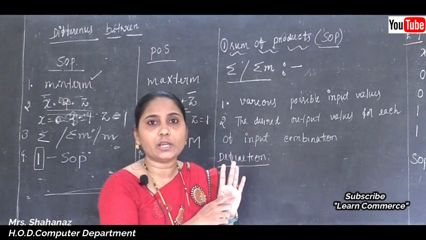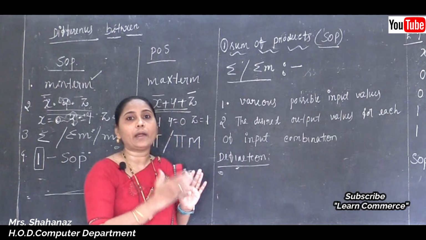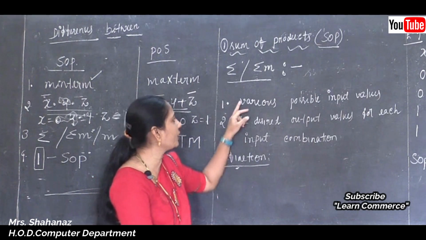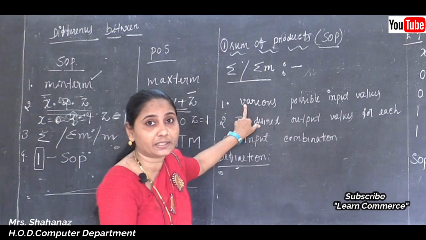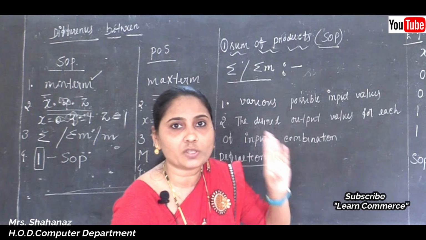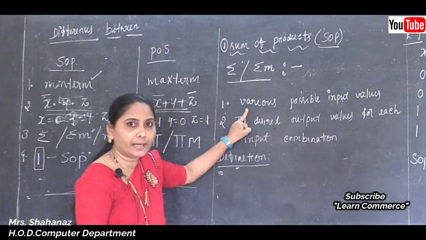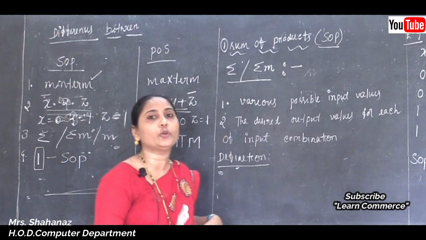So the logical expression can be constructed or derived from two sets. The first one is the various possible input values, and the second is the desired output value for each input combination.